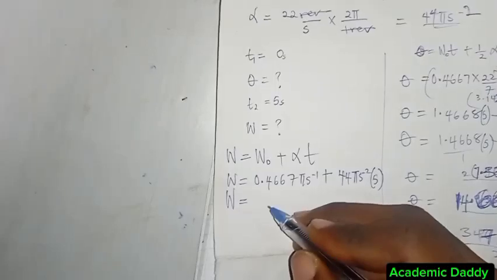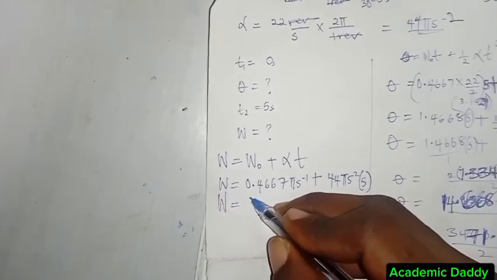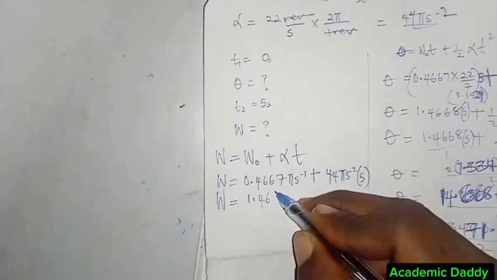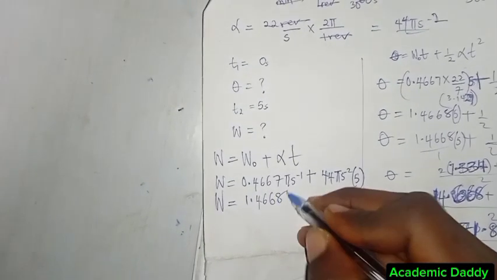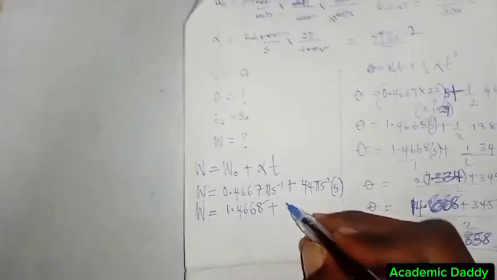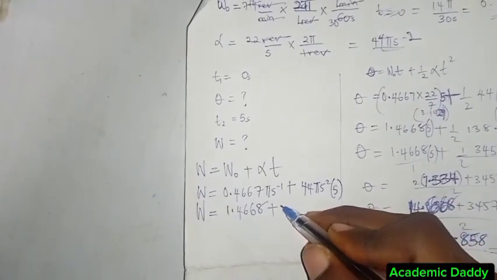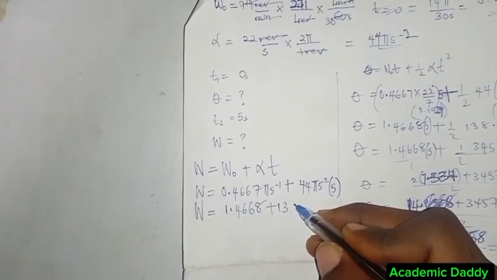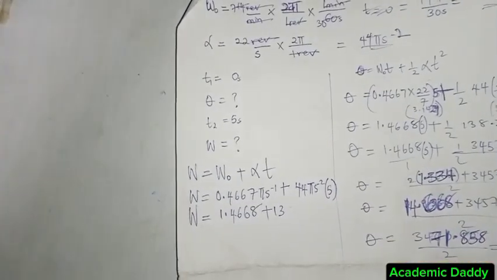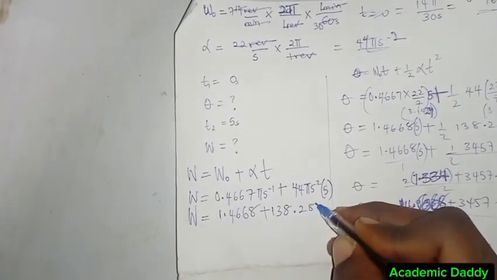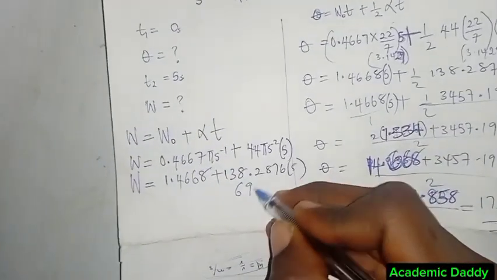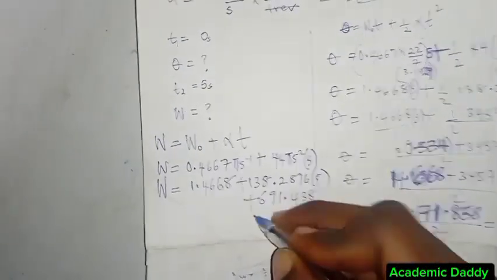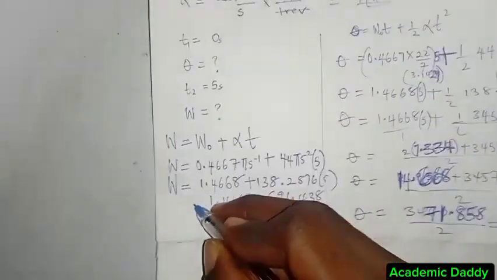W equals, so this is going to give me 1.46668 plus, when I did this one, we got 138.2876 times 5. We use the very large value. If you times it by 5, you have 691.438 plus 1.4668.